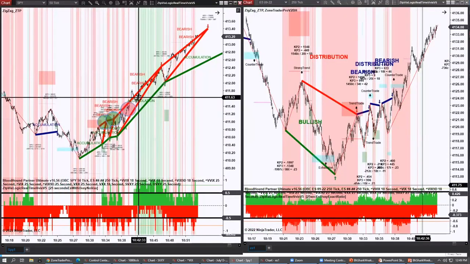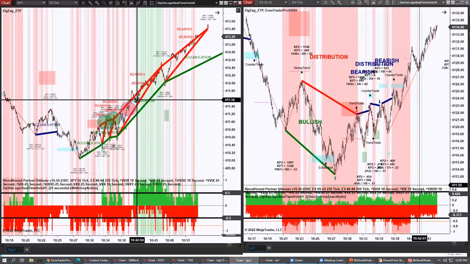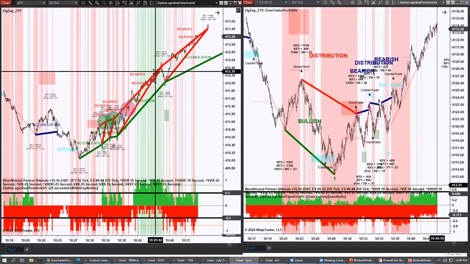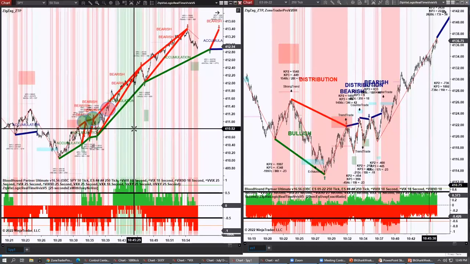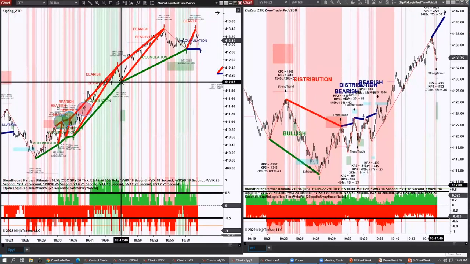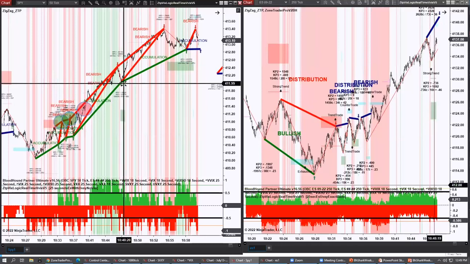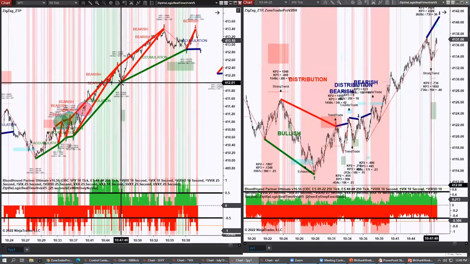And again, you can see we're going to be in it right about there. And 2-3 points later, this thing is green, and you can see why we don't want to trade against our green VIX. I'm not going to call that a signal right there.